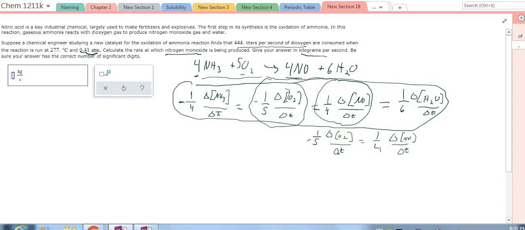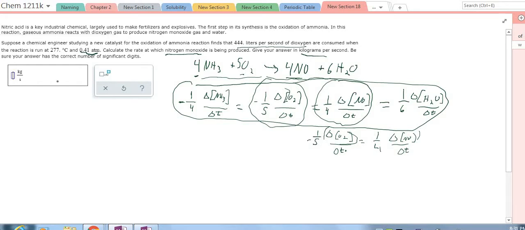Since we're going to be given this in per second, I know what the change in time is. So I can calculate this. That's going to leave me then with one unknown, and that is this nitrogen monoxide.